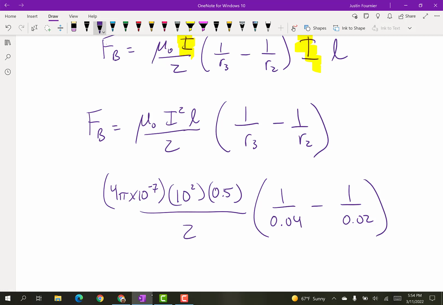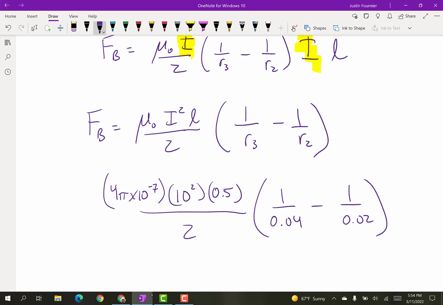Doesn't like pi. Sorry, this is taking much longer than I thought it was going to. Times 100 times 0.5 divided by 2.